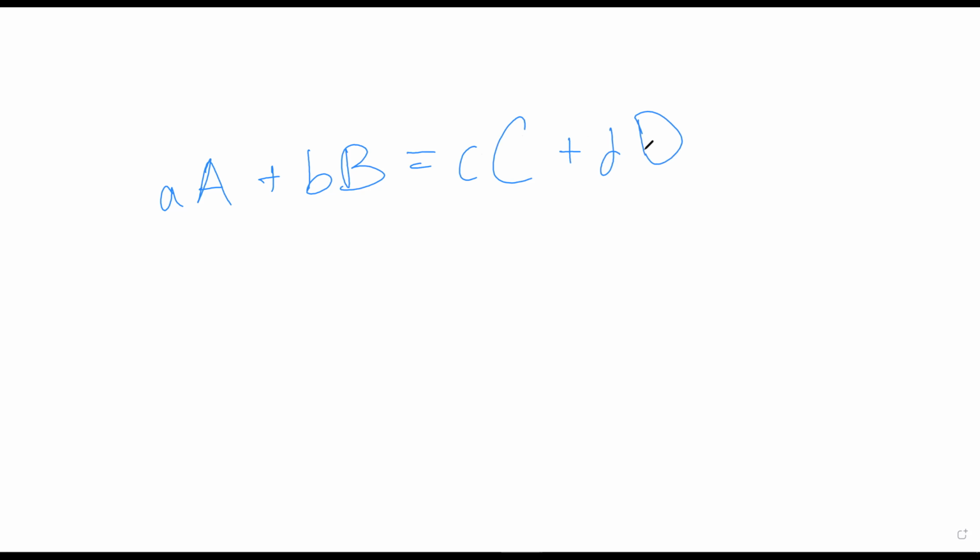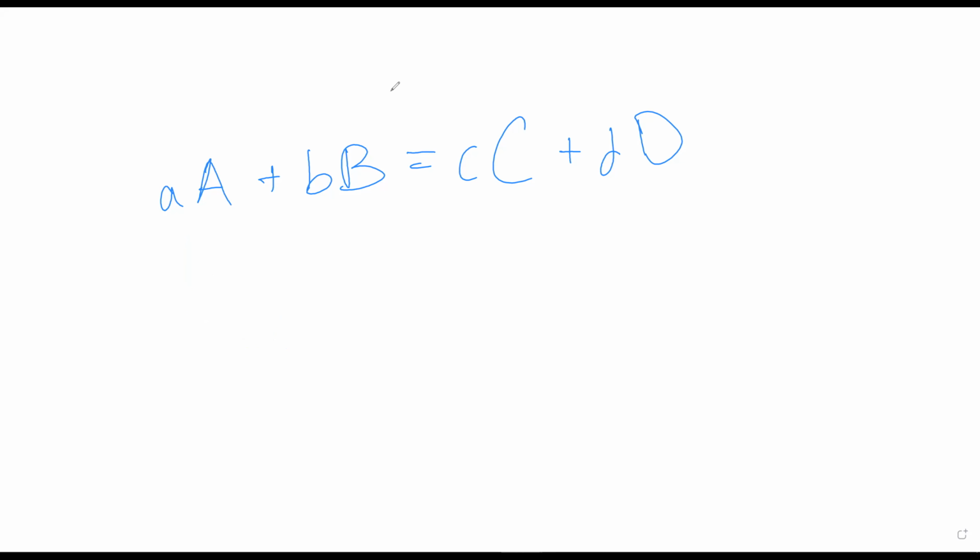All the lowercase letters represent the coefficient, that's what it's called. The coefficient of the specific element, and all the capital letters represent the elements themselves. So for instance, rather than representing this as lowercase a capital A, I could represent this as 2 carbons.